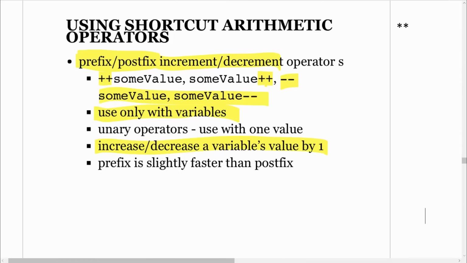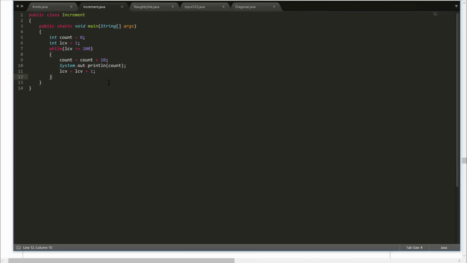So let's look at an example to put it into perspective. It's the same program that we created in the beginning, the program that's counting by 10 or counting by 5, but let's see if we can make it a little bit more efficient. We have the line of code on line 9 that's adding something to count and reassigning it back to count.